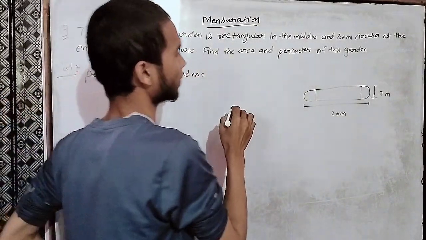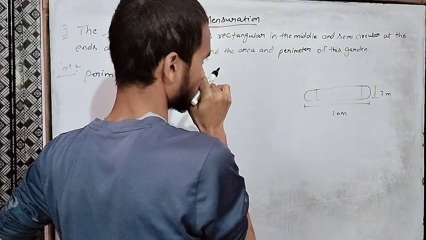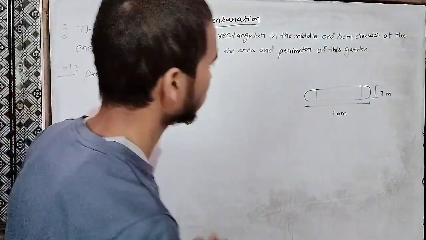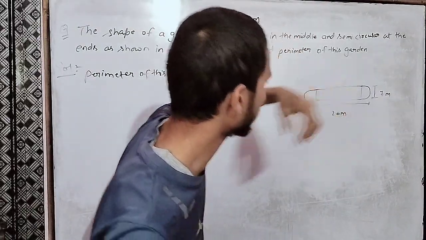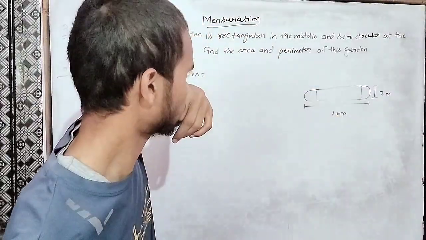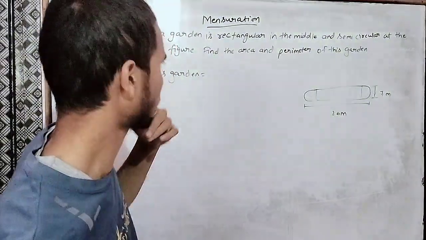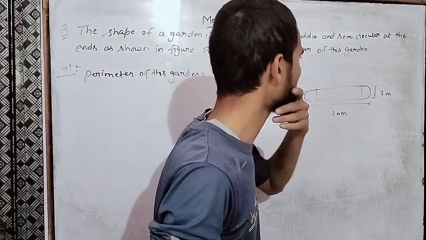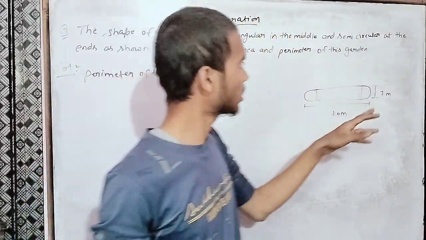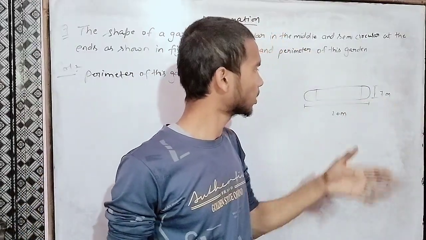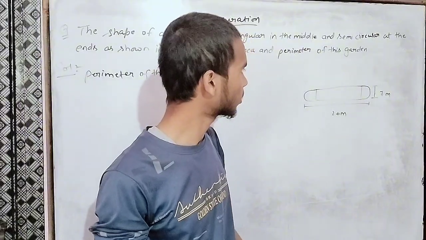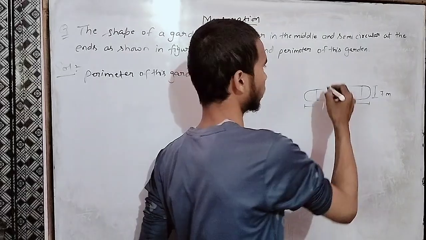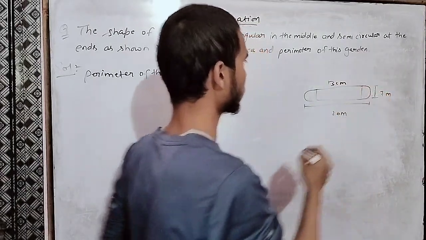Can we say what the length of this side is? You would say 7. Then the length of this would be 13, and this is 7.